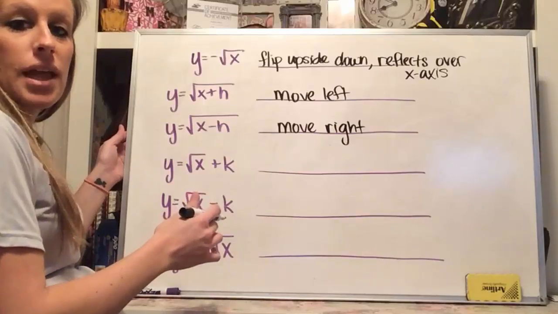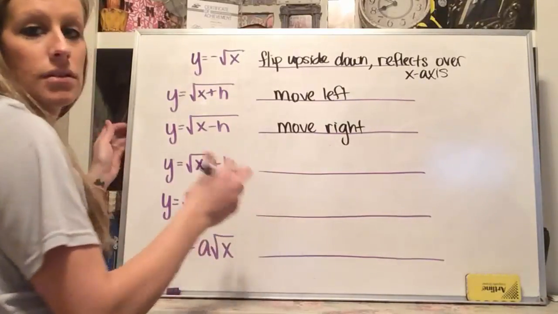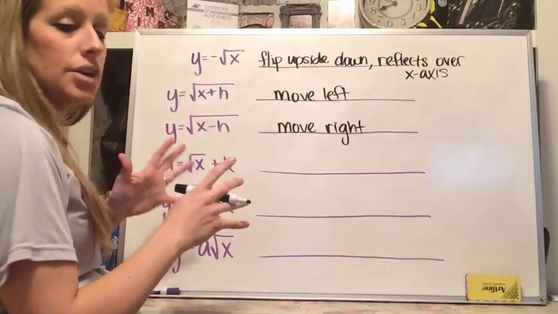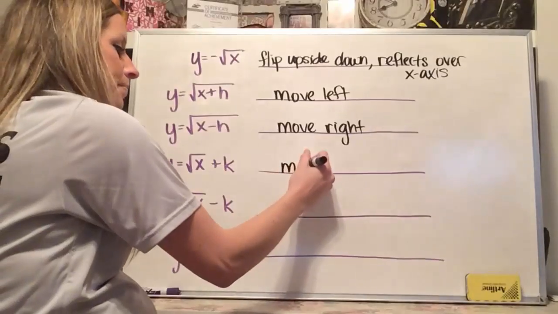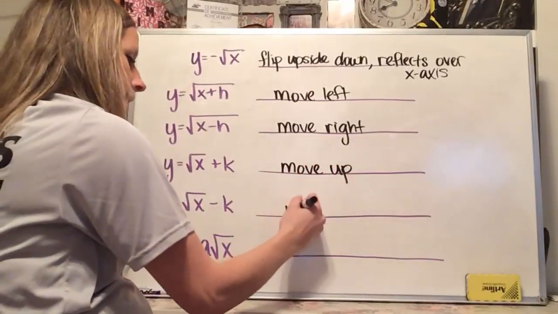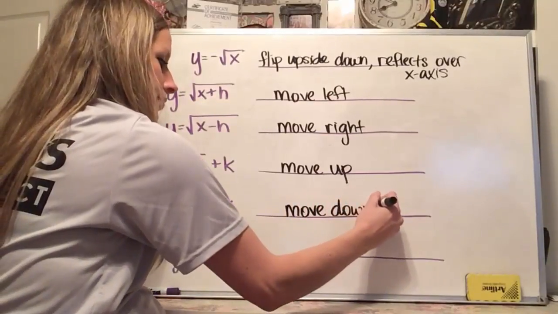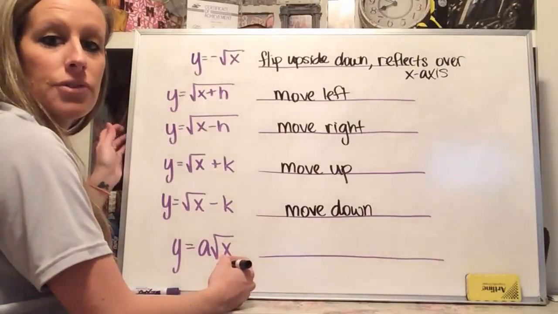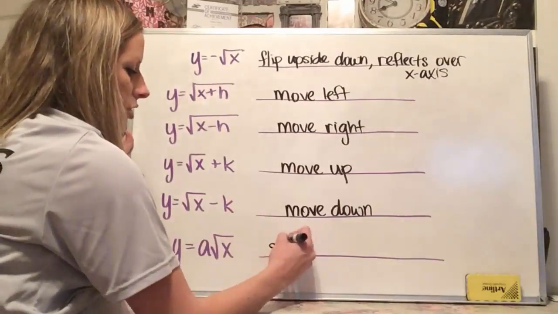If I have a plus k outside the square root, if it's at the very end, without being underneath the square root, it's outside of it, it's going to move it up. A minus k will move it down. And if I have a number in front of the square root, if I multiply it by a number, it's going to stretch it.